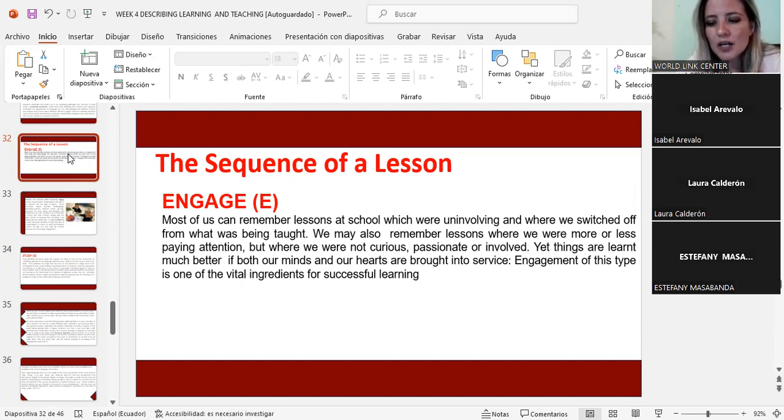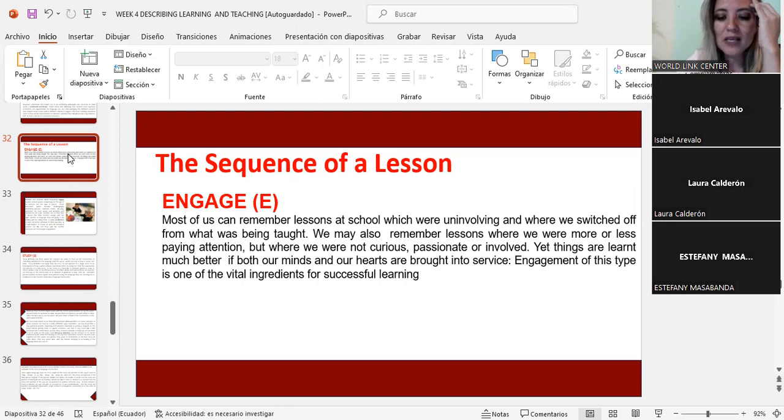Engaged learners care about the subject, feel motivated. Your students need to be motivated when you start the class. It's something where you have to activate their brains, right? So you cannot start your class without a motivation, without an engage.